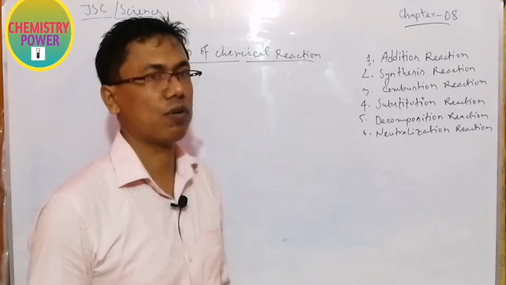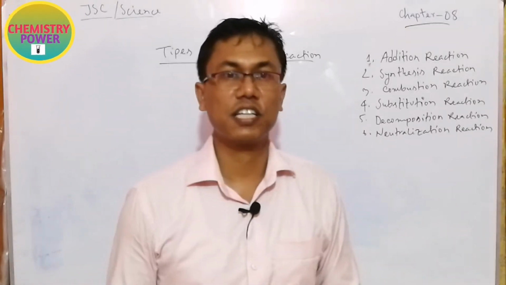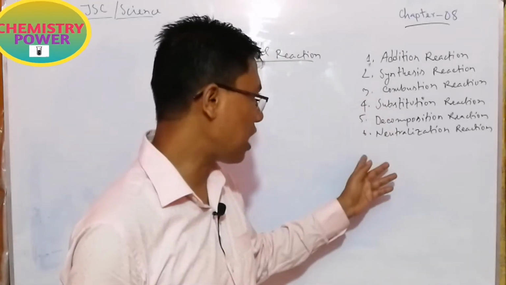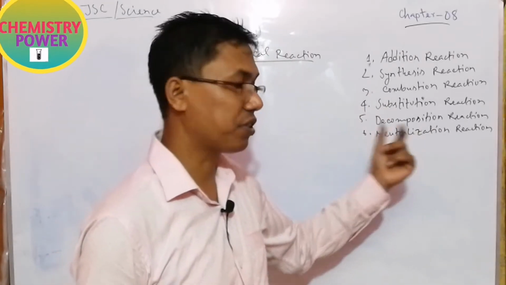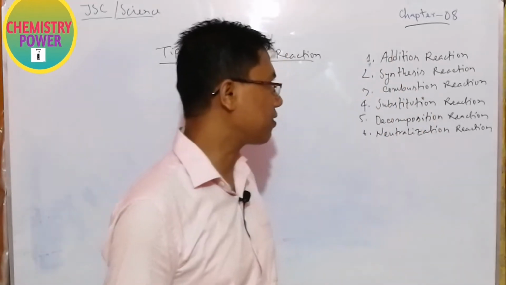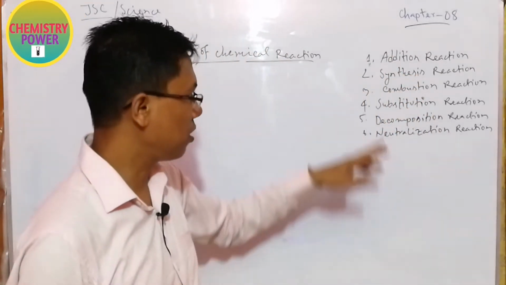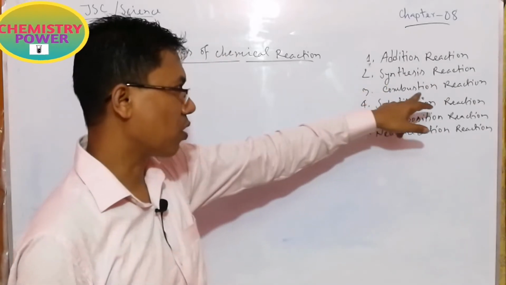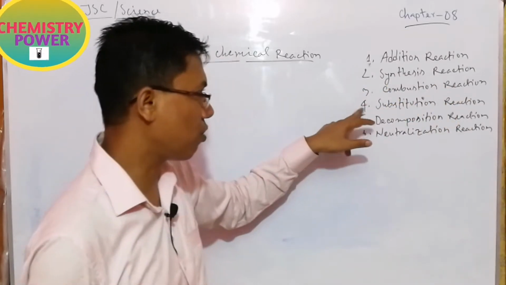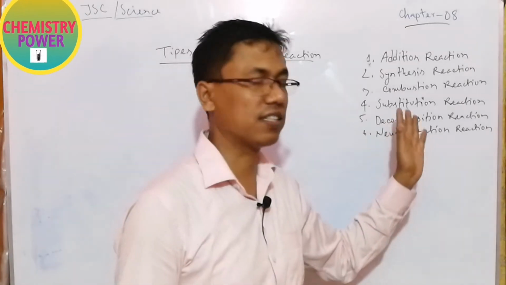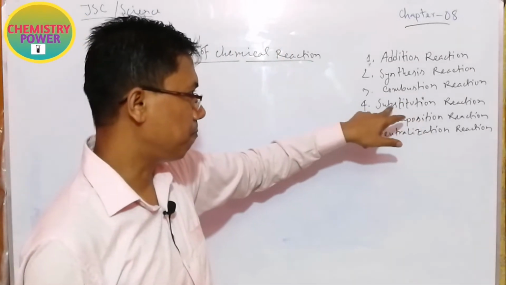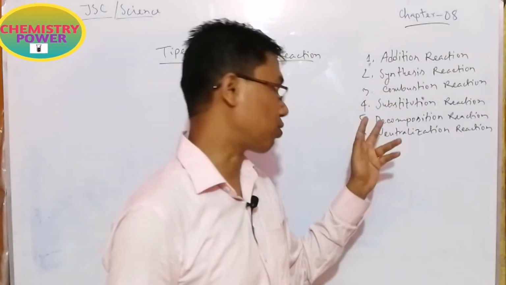How many types of chemical reactions are there in your textbook? Generally there are 6 types of chemical reactions in your textbook. Number 1 is addition reaction, number 2 is synthesis reaction, number 3 combustion reactions, number 4 substitution reactions, another name also is displacement reactions.